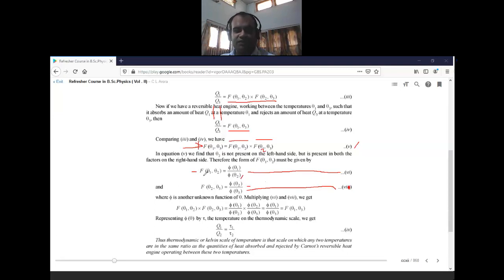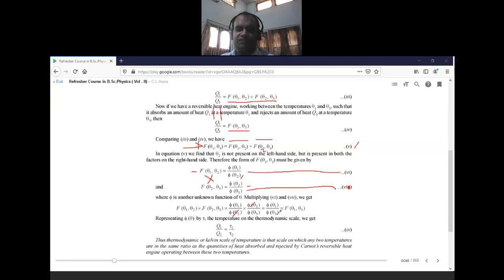Now, if you multiply these, f theta 1 theta 2 multiplied by f theta 2 theta 3, these two terms will get cancelled and we will be left with phi theta 1 divided by phi theta 3. Phi theta is also a function of temperature, because for our convenience we assume that.